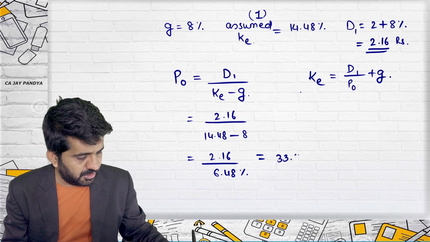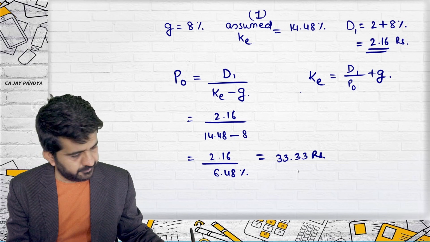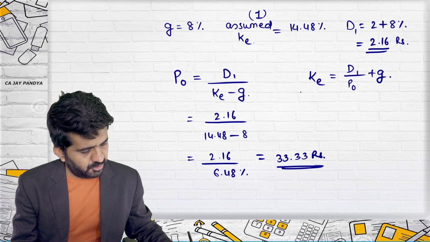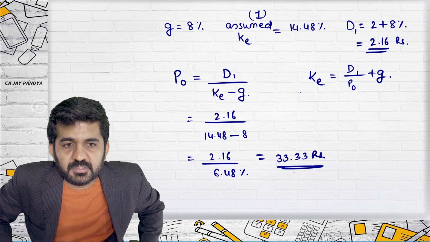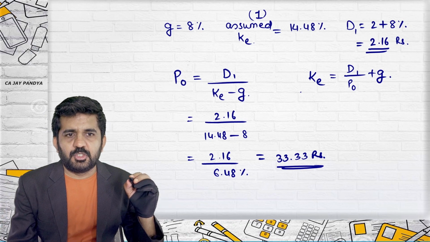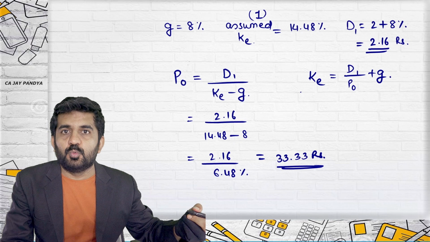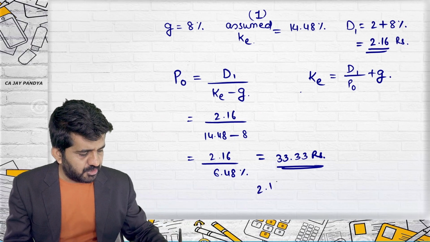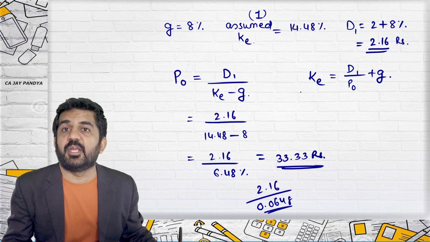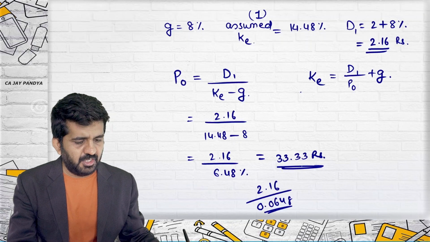That is 33.33 rupees. What you should do in your calculator is press 2.16 divided by 6.48 equals. What I have done is 2.16 divided by 0.0648. 0.0648 is nothing but 6.48%, which gives 33.33.